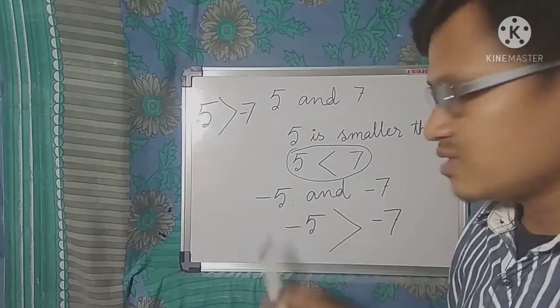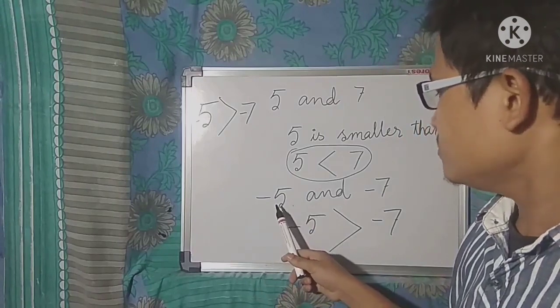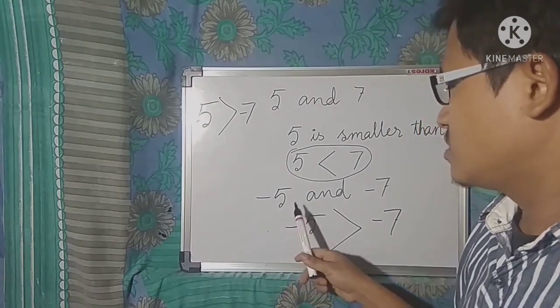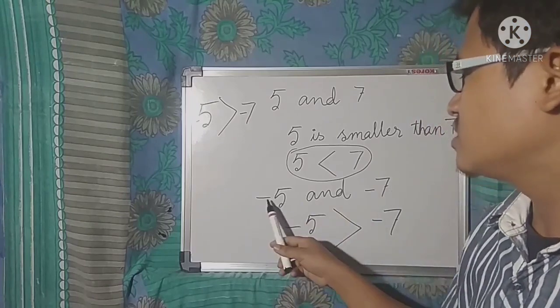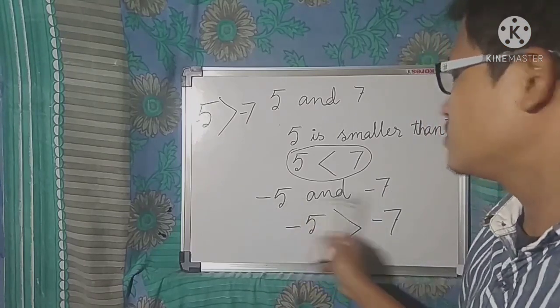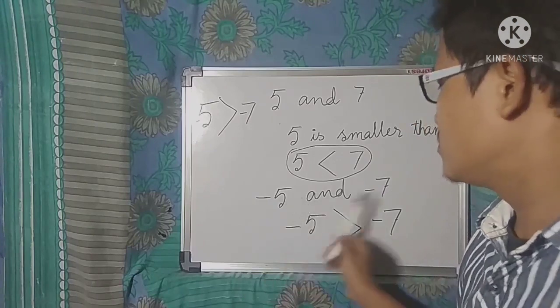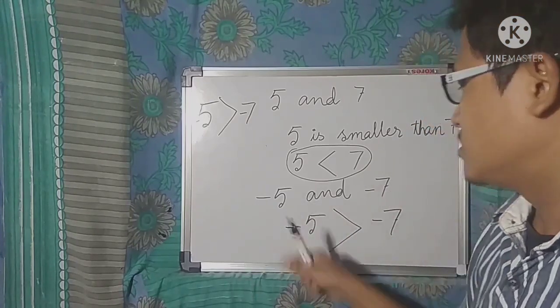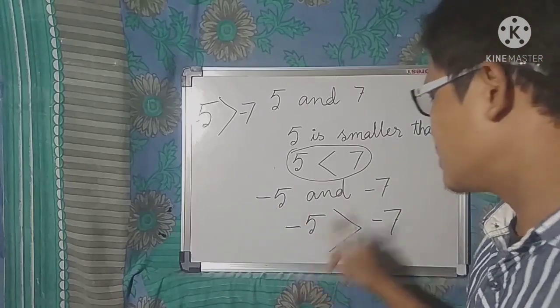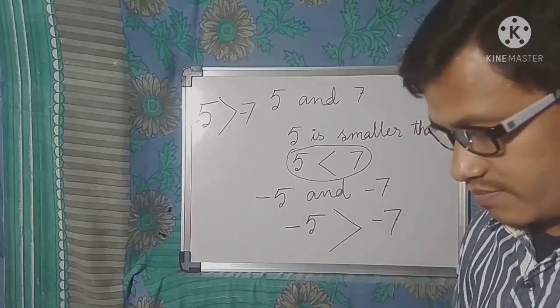What difference can we see? -5 becomes greater than -7 if we put the minus sign before the integers. So is that clear?